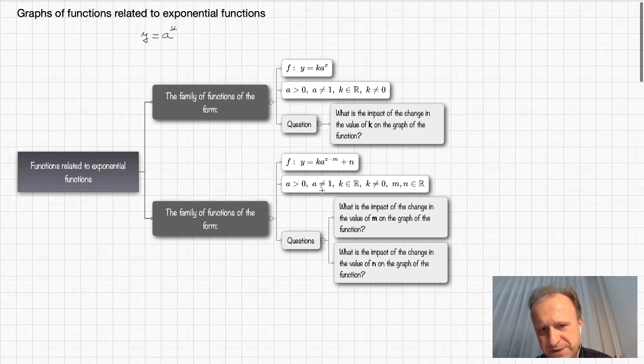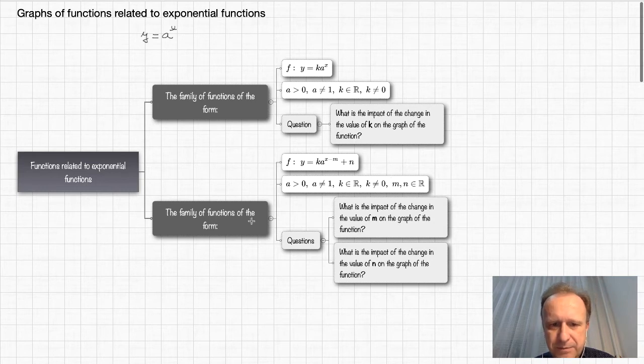It has to be positive and different from 1. K, as before, is the scale factor. It's the coefficient in front, which has to be real and different from 0. And m and n are two constants which are real numbers here. They can be positive and negative, and also they can be zeros.